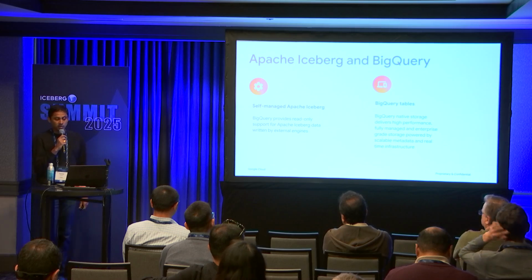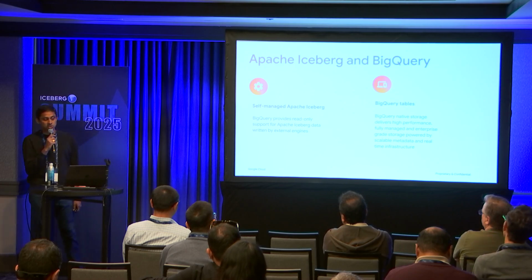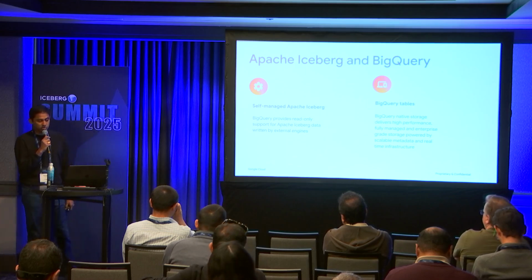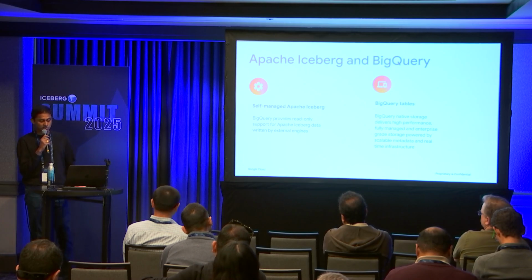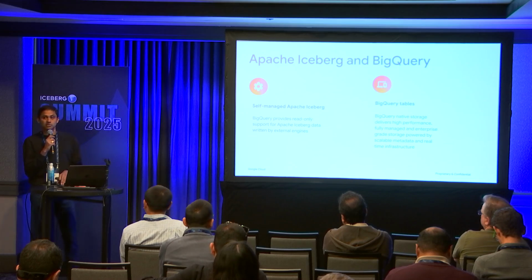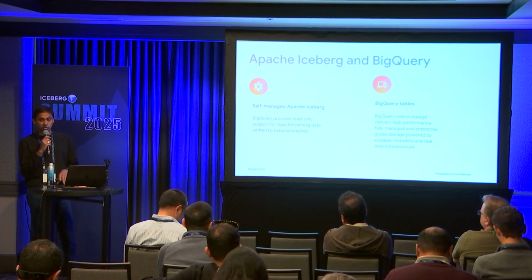We started our journey with Iceberg over the last few years with self-managed Iceberg support, with in-situ querying of data in cloud object stores, S3 and GCS, Google Cloud Storage. We were in this mode: BigQuery allows read-only queries over the Iceberg data. Some of the foundational pieces of scalable metadata power this querying of Iceberg data.